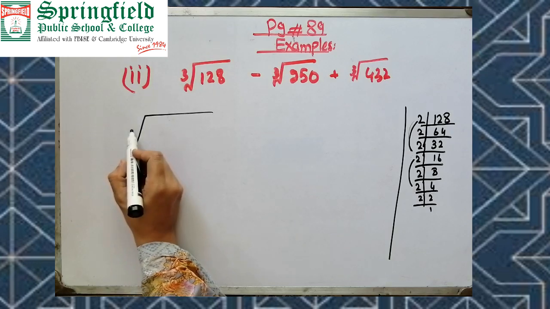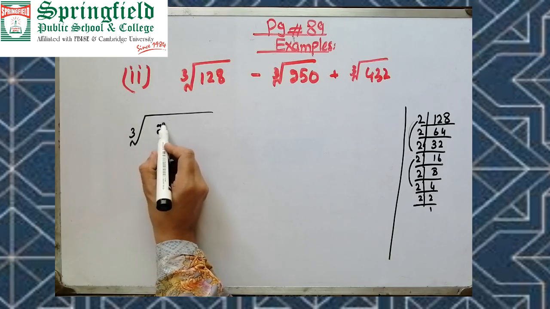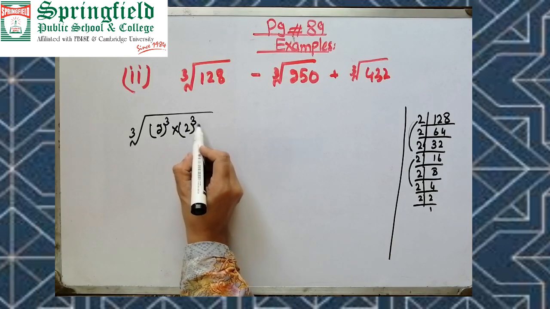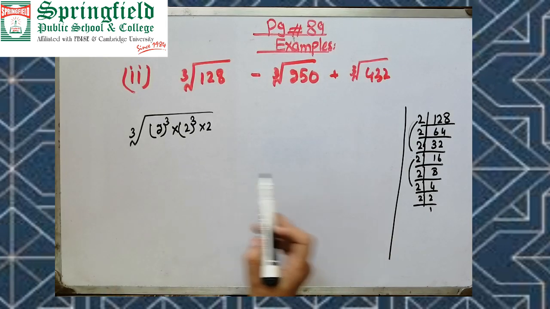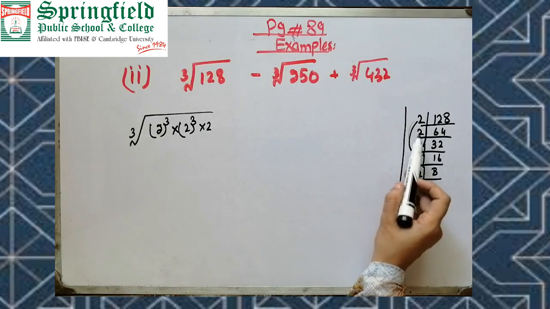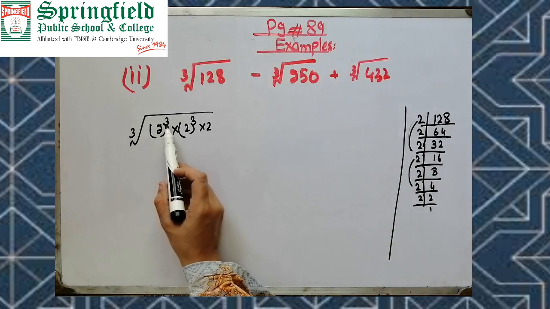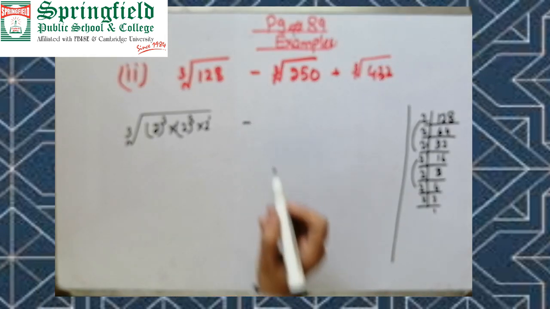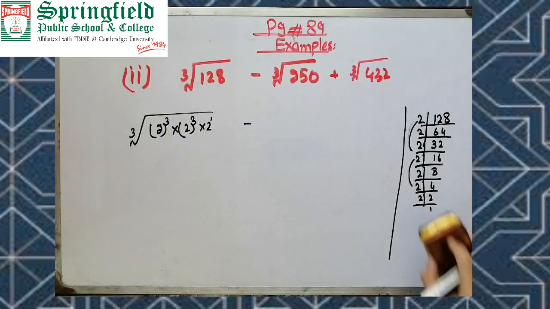So we can write the factors as 2 cube multiply 2 cube multiply just 2. 1 2 3 4 5 6 7, and 3 plus 3 is 6, and 1 is 7. Fine. Now find out the factors of 250.